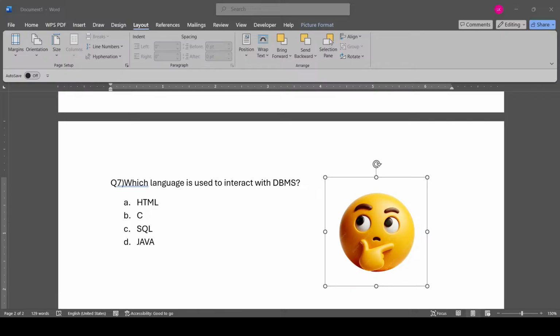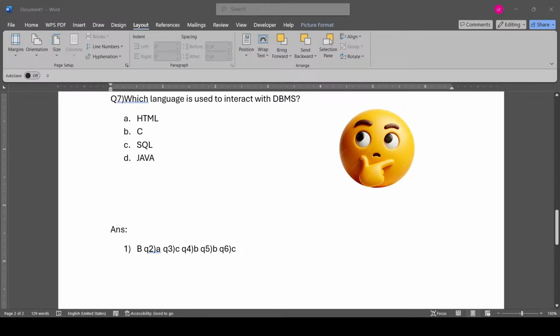So the answer is SQL. Yes, Eugen, you are right. So the answer is C, SQL. We also say SQL, and sometimes we also read it as sequel. So question number 7, C.